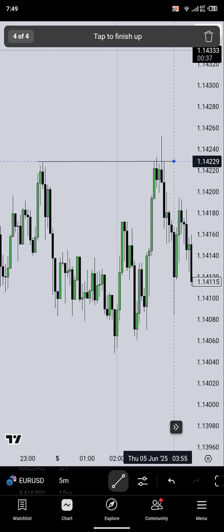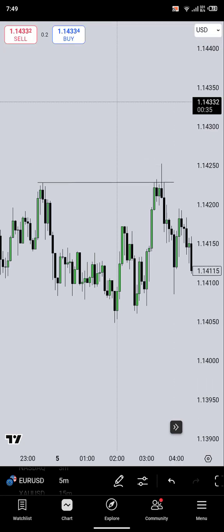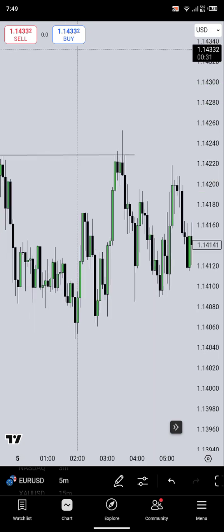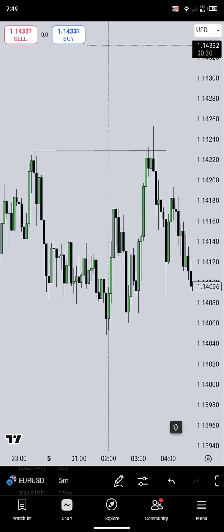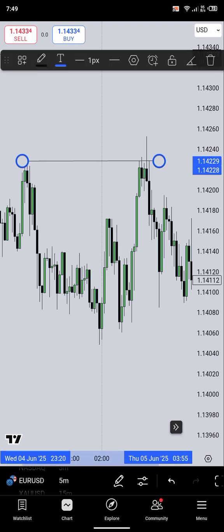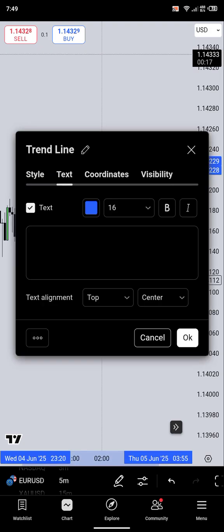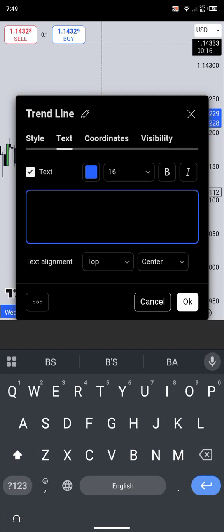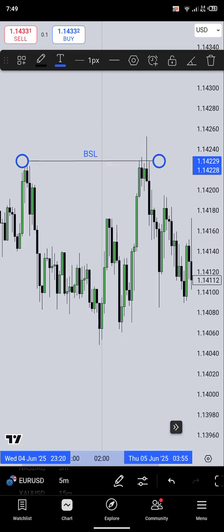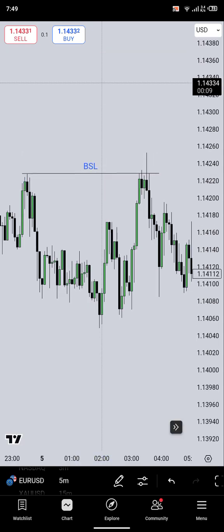So the moment that happened, we noticed that price used this bearish candle before the session open as an order block and pushed price upward, taking out this initial buy side liquidity.